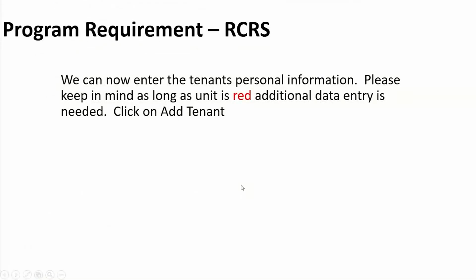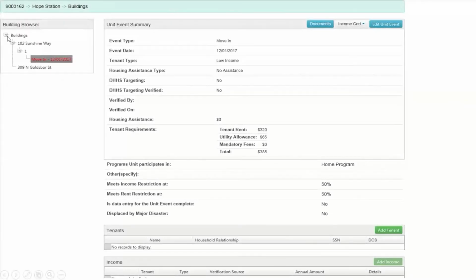So we can now enter the tenant's personal information. Please keep in mind, as long as the unit is red, additional data entry is needed. So our next step would be to add the tenant. And you can see, as I stated earlier, before everything was shaded gray.